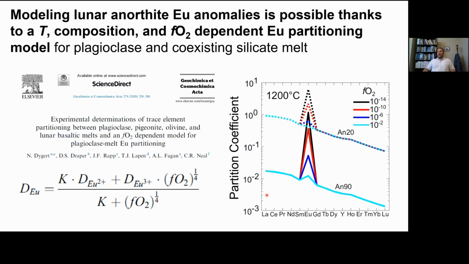Okay, so where we're going to get to is modeling europium fractionation during magma ocean solidification. How do we do that?